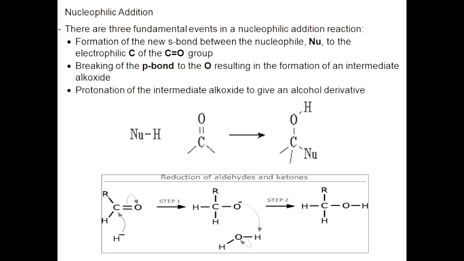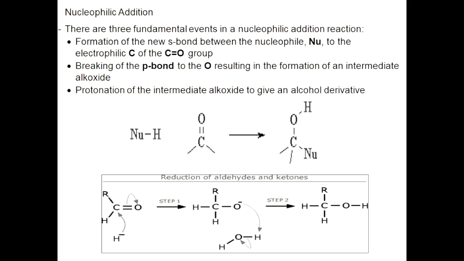So if you see, reduction means addition of hydrogen, the carbonyl group will undergo reduction to give alcohols. In this, the first step is the attack of H minus, which is a nucleophile, at the carbonyl carbon, and then the electron density moves toward the oxygen and we will get the oxonium ion or alkoxide ion.